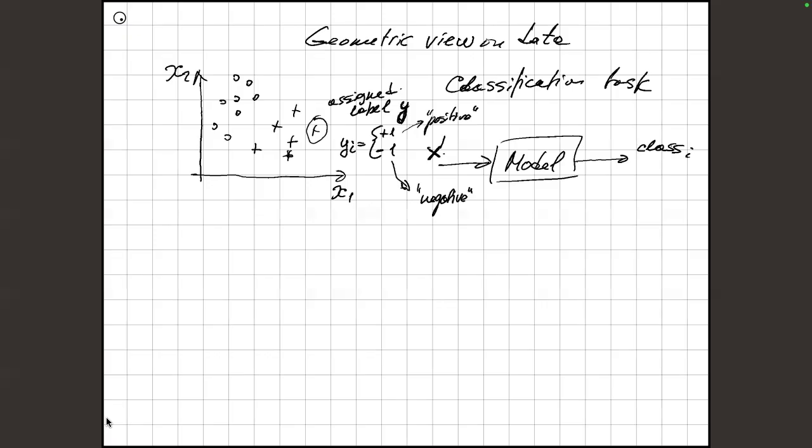Now, SVM basics. What are support vectors in our case? Support vector machines: machines is synonymous here with model.